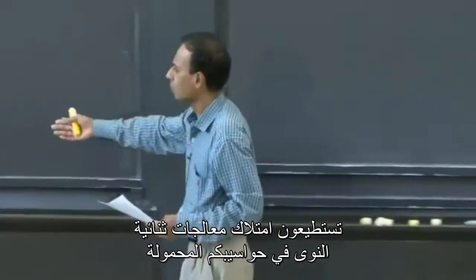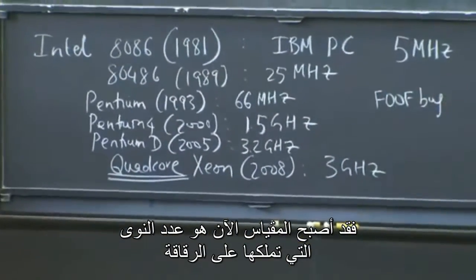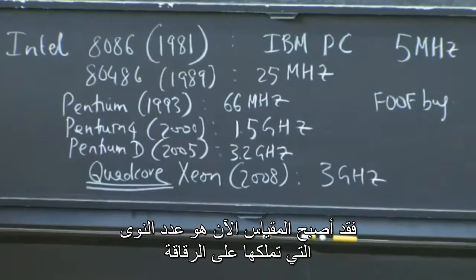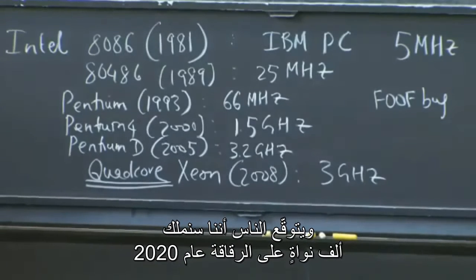You can have dual core processors on your laptops, and so the metric now, I should say, is how many cores do you have on a chip, and people are predicting that we're going to have 1,000 cores by 2020 on a chip.